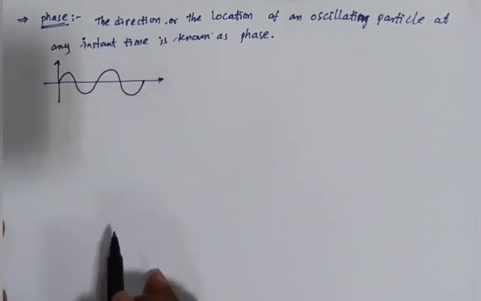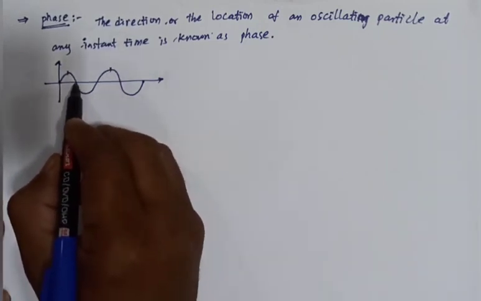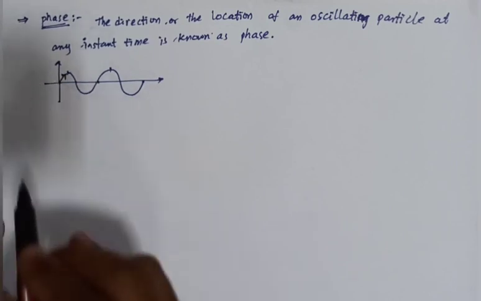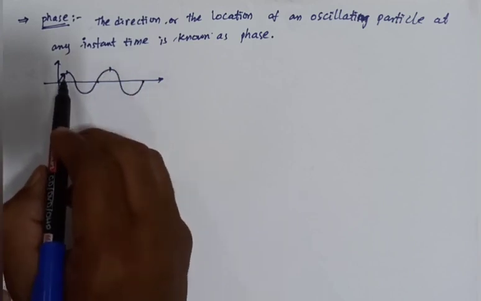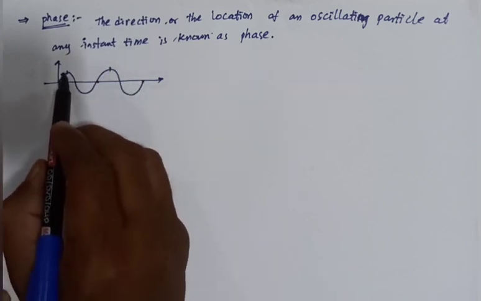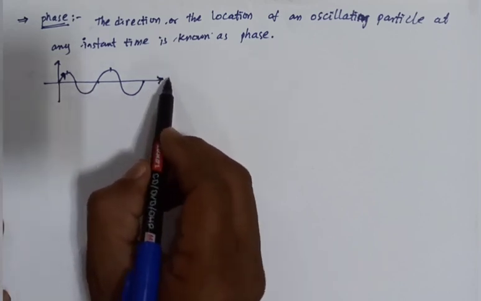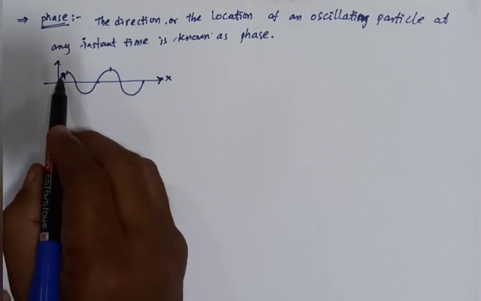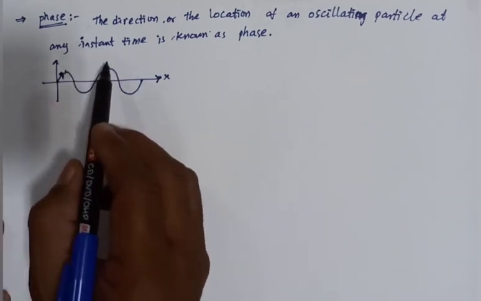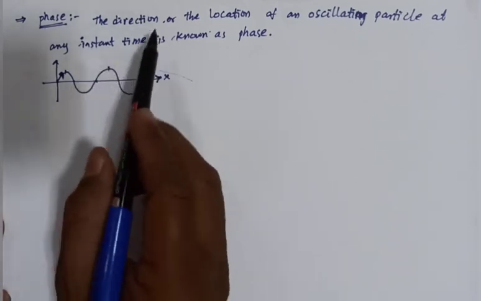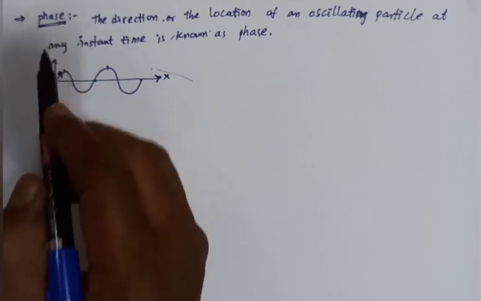In this transverse wave, this particle oscillates. So what is the angle between the x-axis and this direction? That particular angle is called the phase.